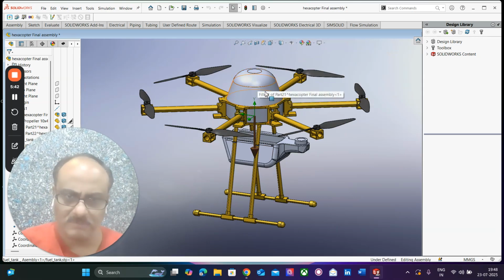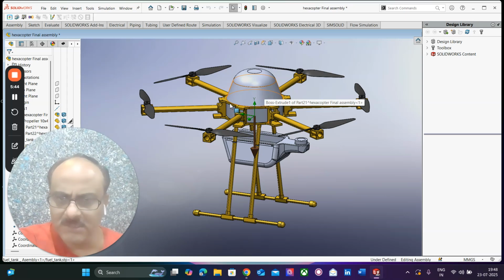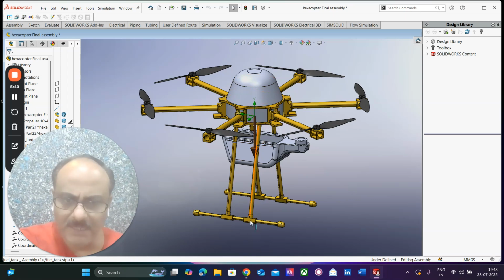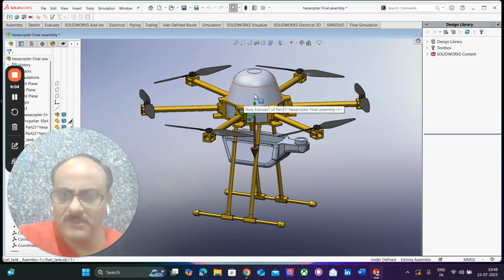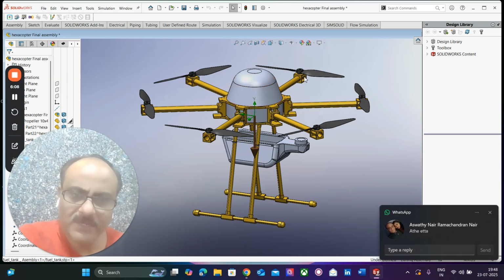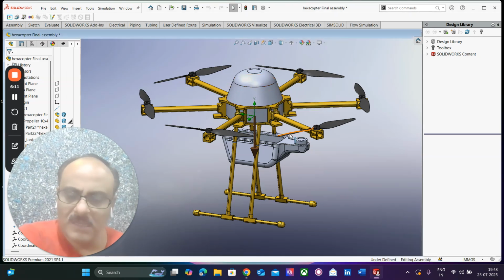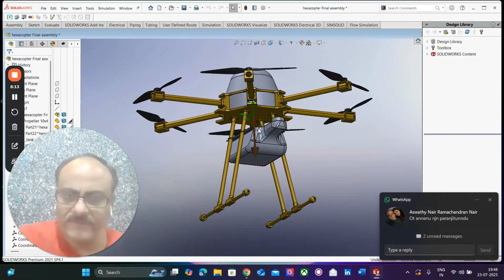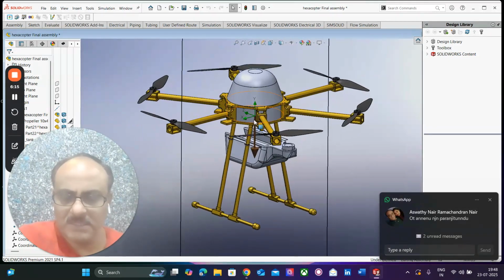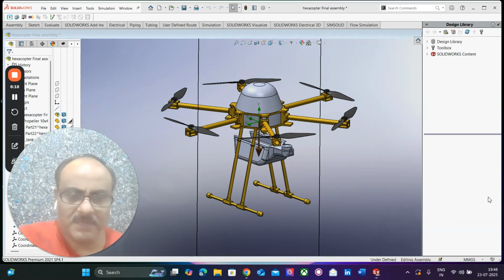So the dead loads are the complete system load, the dead weight, the self weight of the drone with the legs, the propellers, the motors, the weights, etc. And this also has a hub, and this electronic hub has all the electronic components. And now the complete weight of the system is assumed to be at the center of gravity, and based on that center of gravity, the complete calculation is done.